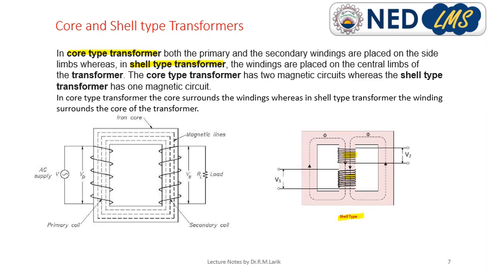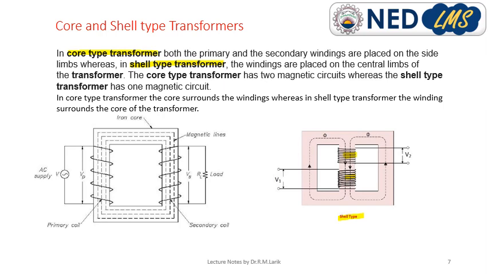And they have certain applications, core type and shell type transformers. These are the types according to construction of the transformer. So let's talk about the application. In the core type, putting insulation is easier. In fact, the low voltage winding itself acts as an insulation between the high voltage winding and the core.